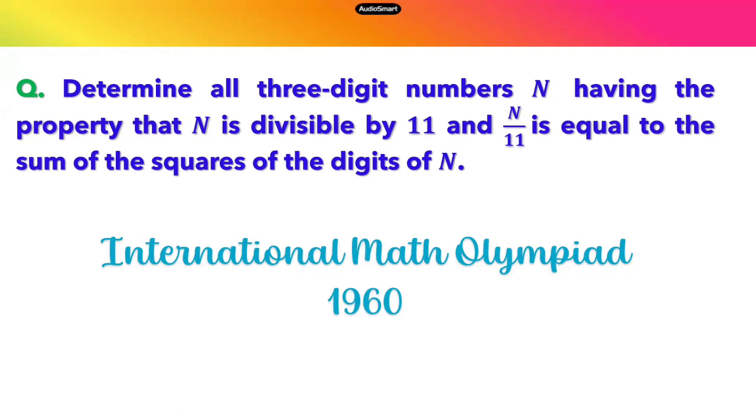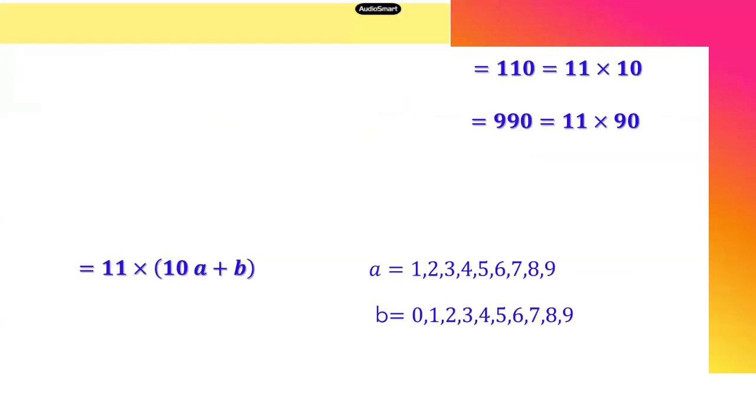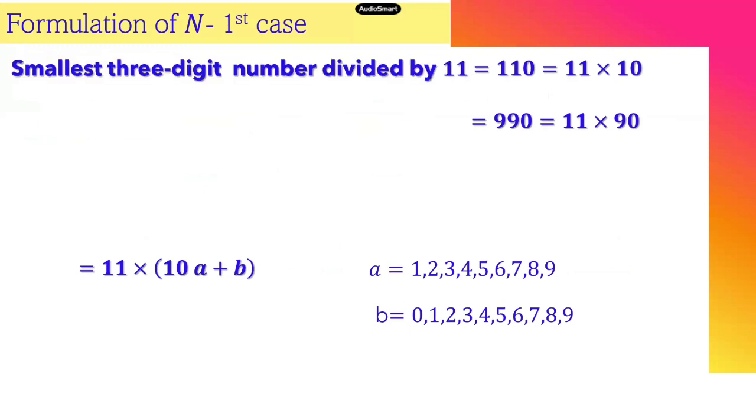We can go through all these 81 numbers and check whether the sum of the squares of the digits is equal to n over 11. So that's one process. But here I'm going to solve it a different way.